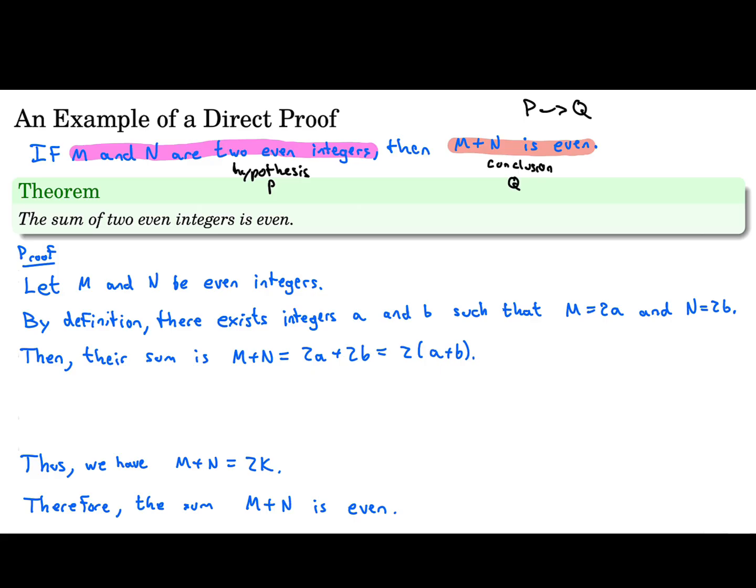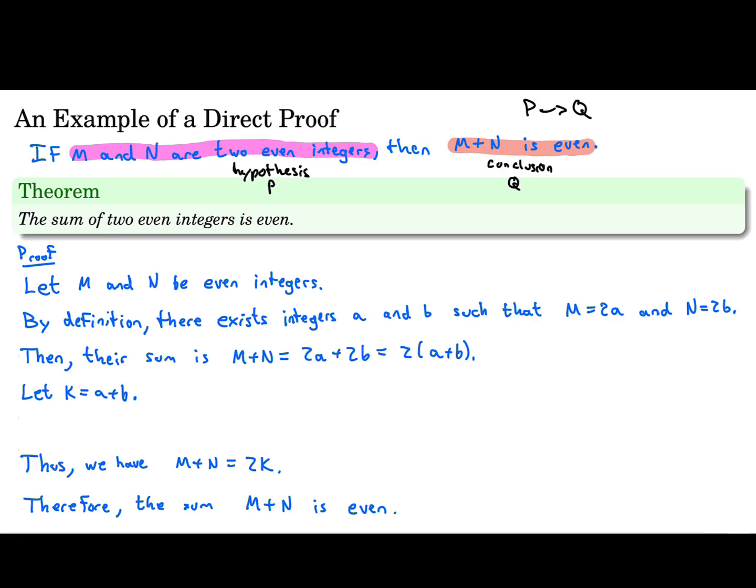This gives me the idea of what our candidate for K can be. It can just be this A plus B. So this is how we connect both of these parts. So let K equal A plus B.